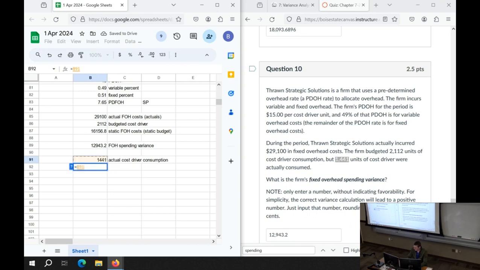And so we would have taken that 7.65, the fixed component of our PDOH, times the 1,441 units of cost driver actually consumed. We would have applied 11,000-something dollars in fixed overhead cost. So now we can take these two and subtract them away, and we get our volume variance.